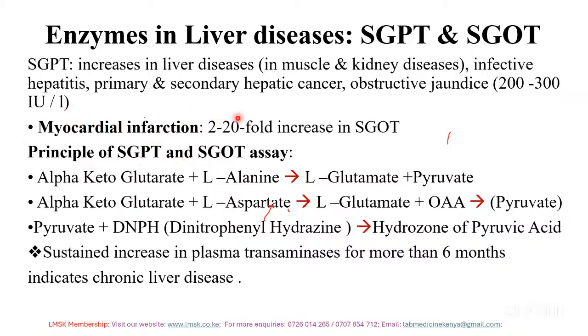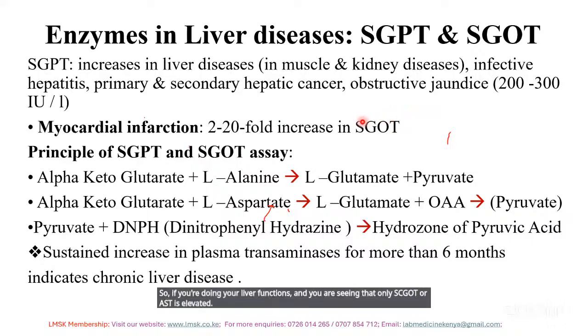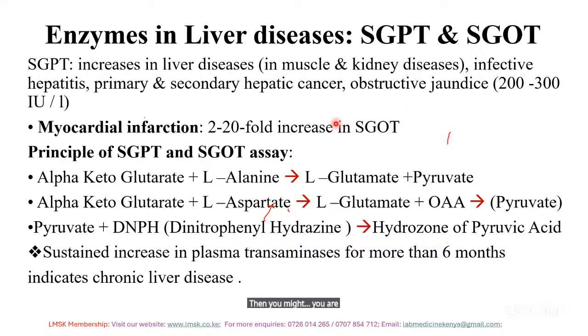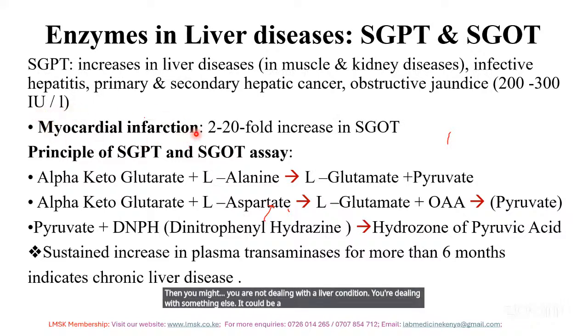Myocardial infarction, my friends, leads to an increase in SGOT. So if you're doing your liver functions and you see that only SGOT or AST is elevated, then you are not dealing with a liver condition. You are dealing with something else. It could be a myocardial infarction, or what we call a heart attack.